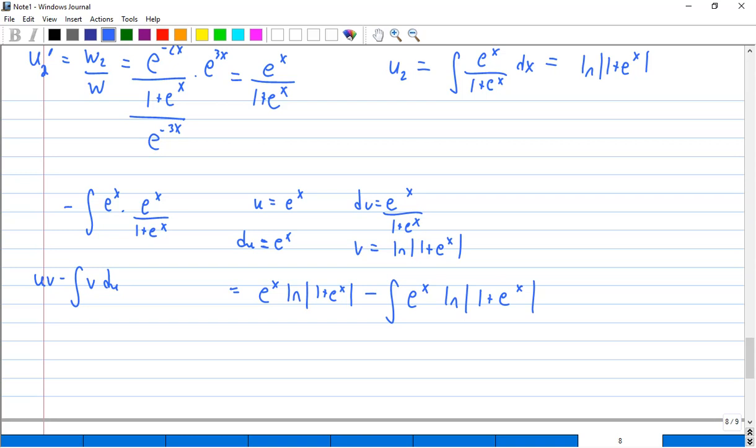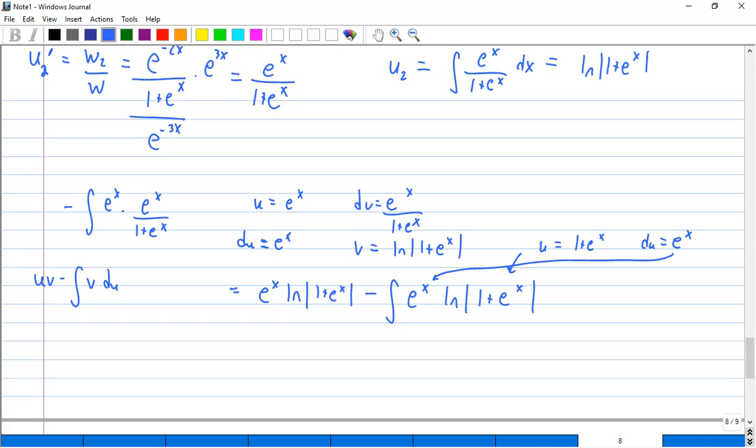All right, so what can we try now? I was also thinking that if I let this now be my u, then my du would be e to the x, which is present.